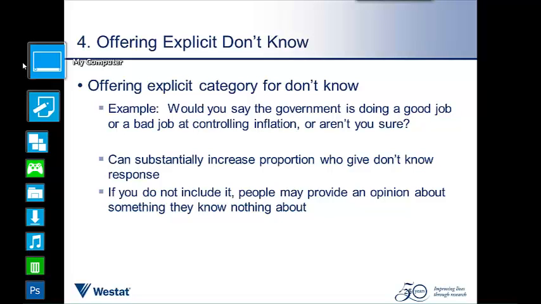So you need to decide when you're writing your questions, what is it that you're after? Do you want to be measuring the proportion of your population that truly doesn't have an opinion and is uninformed about the topic, or do you really want people to provide a substantive response, and even if they're not entirely sure what their opinion is, you want them to still provide you with an opinion?